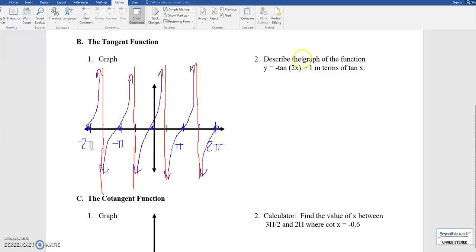Okay, one typical kind of question for any of these functions is over on the right side. Describe the graph of the function y equals negative tangent of 2x plus 1 in terms of tangent of x. So thinking BHAK, let's list a bunch of stuff. First of all, from that 2, I have a horizontal shrink by a factor of 1/2.